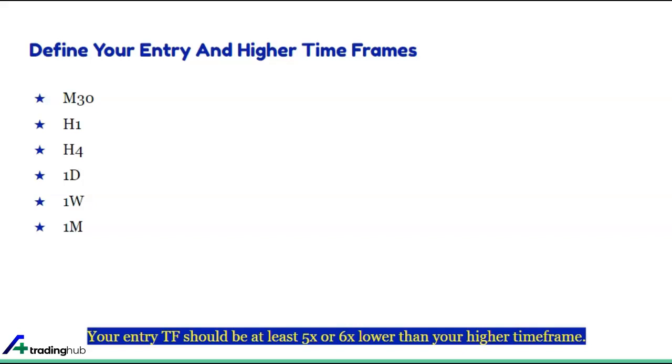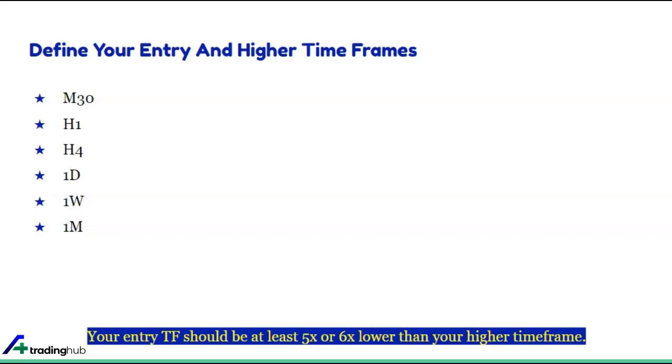First of all, you need to define your entry and higher time frames. Like me, I know my higher time frames, I know my entry time frames. You can choose between 15 minutes, 30 minutes, 1 hour, 4 hour, daily, weekly, or monthly charts. Whichever time frame you choose, your entry time frame should be at least 5 or 6 times lower than your higher time frame.